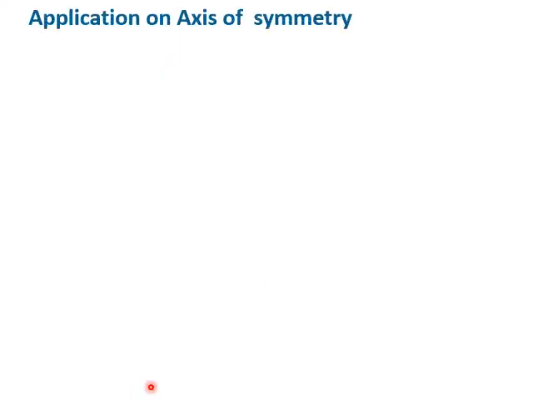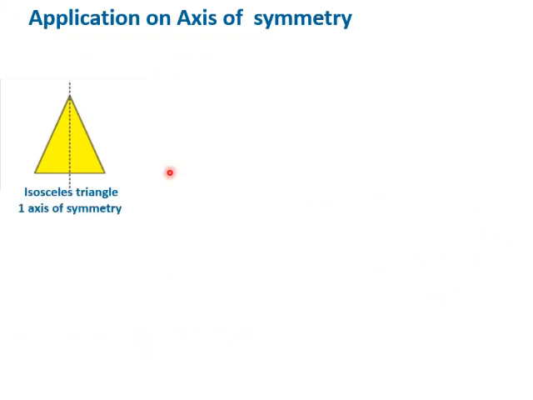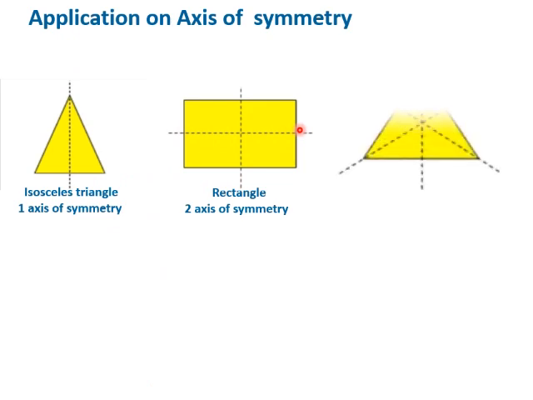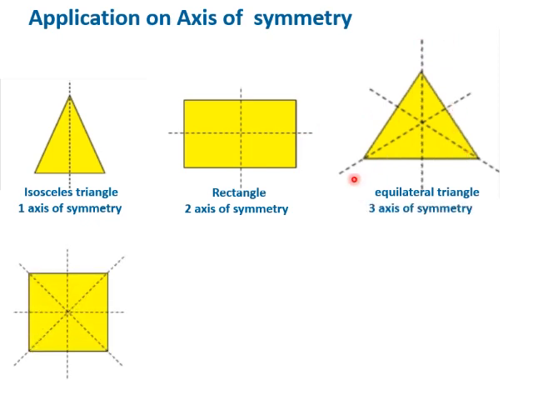Let us take applications on axis of symmetry. The isosceles triangle has one axis of symmetry. The rectangle has two axes of symmetry. The equilateral triangle has three axes of symmetry.